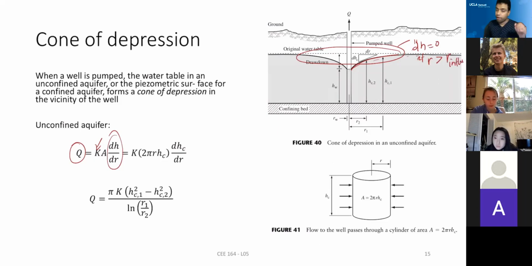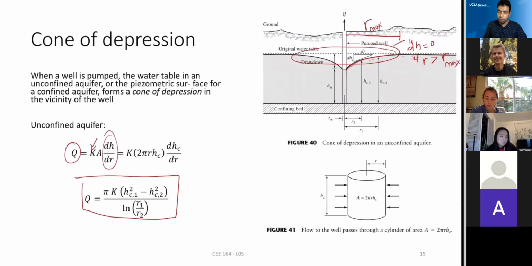So I'm just writing that if R is greater than R influence, that is the maximum R, or R max, within which you will experience a head drop. So there's a relationship between this radius and the head, and if you use this equation, you will be able to calculate that. This is just for an unconfined aquifer.